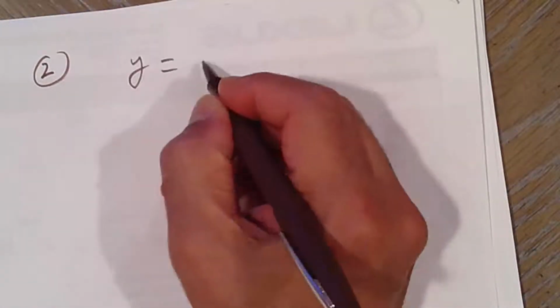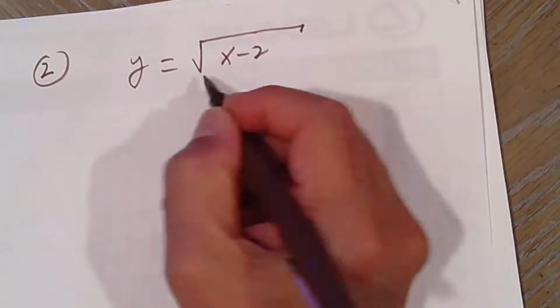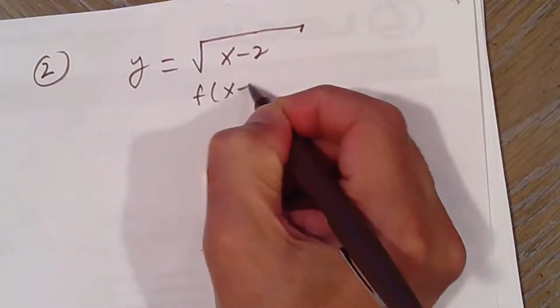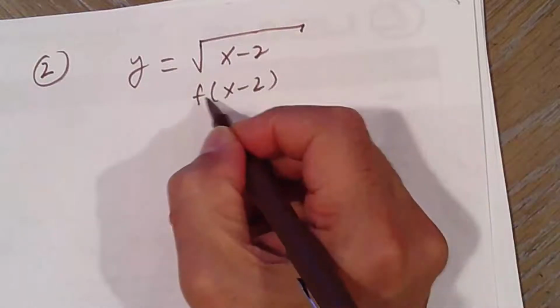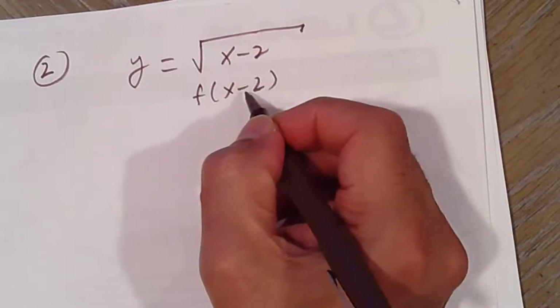Now based on this basic graph, we can do more complicated graphs. If you look at number 2, again, these are all in your notes, page 17. This is like having f of x minus 2. The minus 2 is inside the parentheses, so it's going to go opposite to the sign.